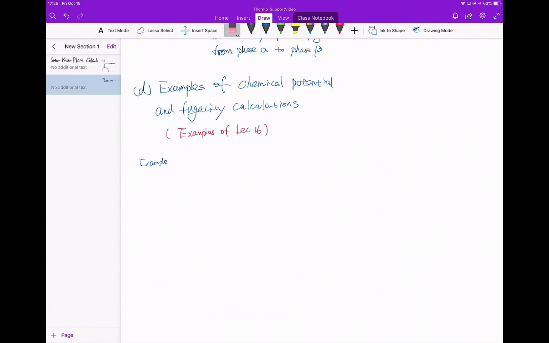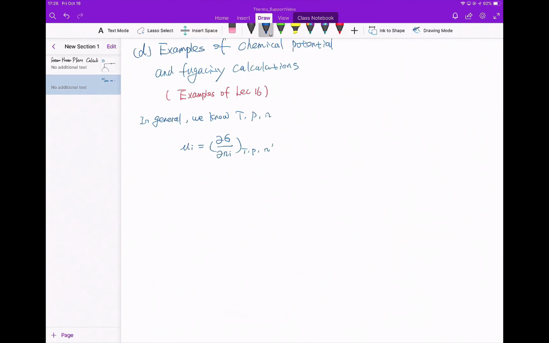So in general, when we know T, P and N, then I could calculate or correlate this mu i, which is defined as dG over dni at T, P, nj prime.